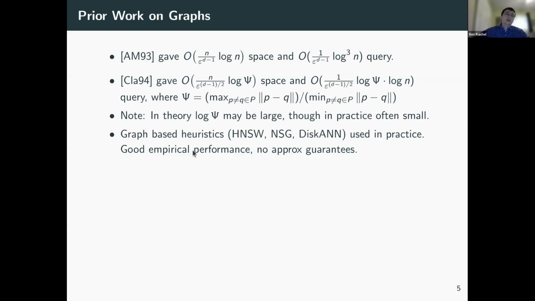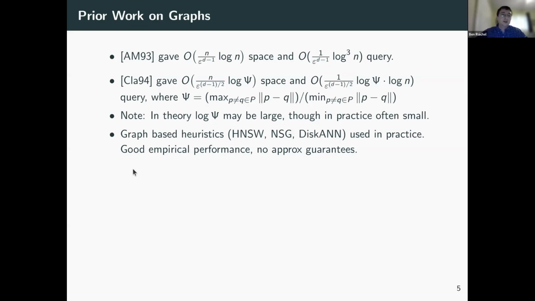Good. So as I said, this graph-based approach, there's a whole sequence of papers which produce these sparse graphs and then run some simple procedure over them for the query. And they give good empirical performance, but they don't come with approximation guarantees, right?